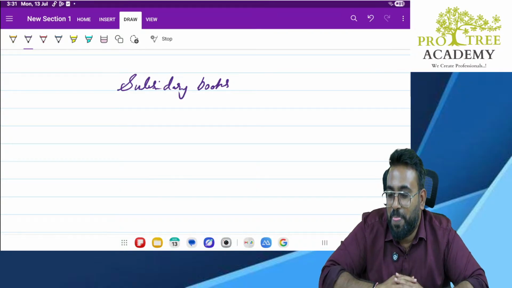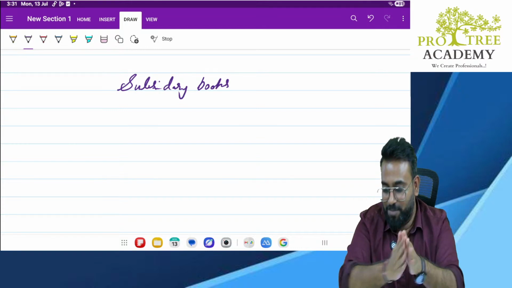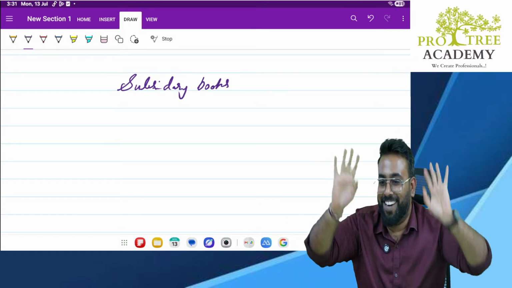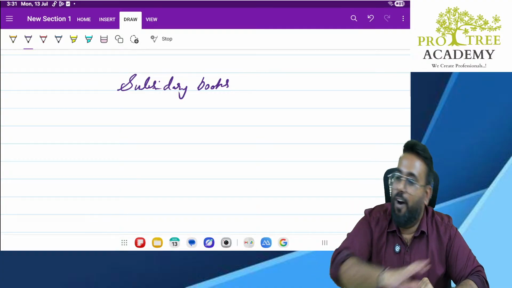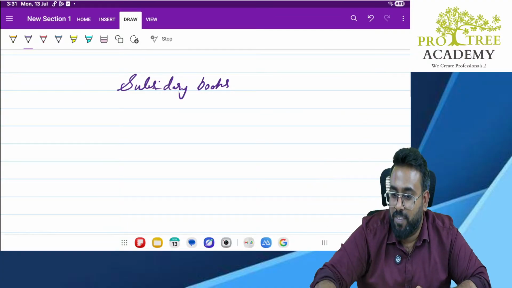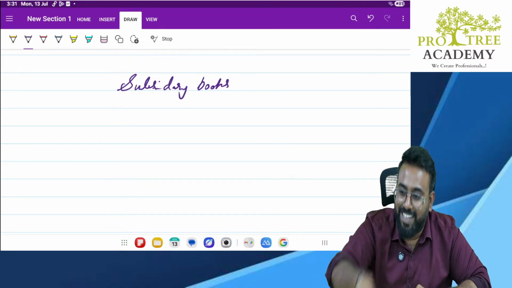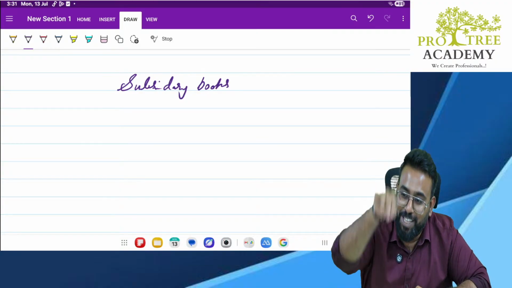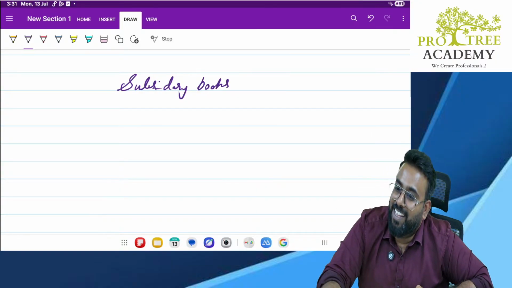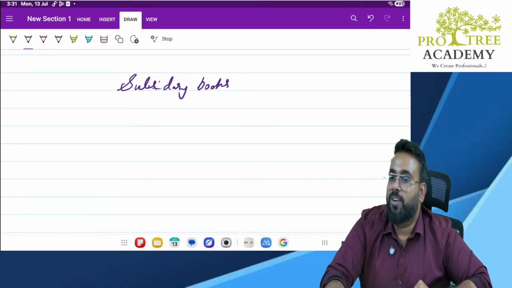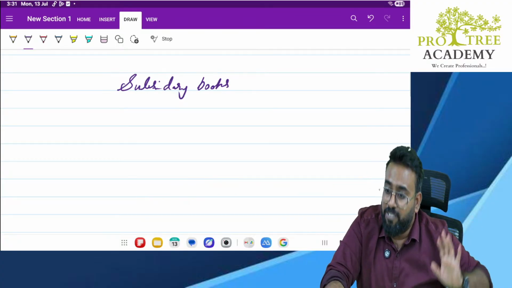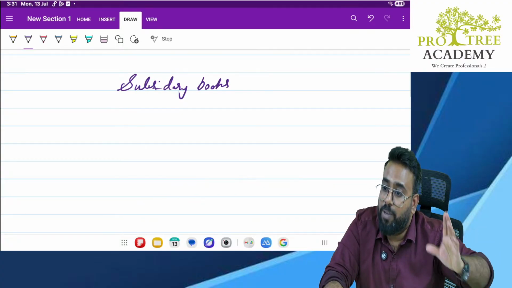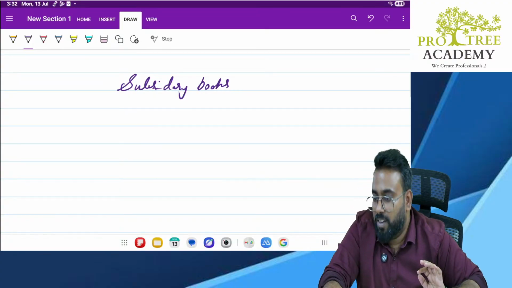Everything is gone. You just turn the book and look. Anyhow gone. Correct or no? What will happen if all the subjects are written in one book? It will be very difficult. If you give everything in one book, it is a gone case, sir. Right? So like that only, if all the business transactions are put in journal only, it will get very difficult while we prepare the ledgers. Correct or no?